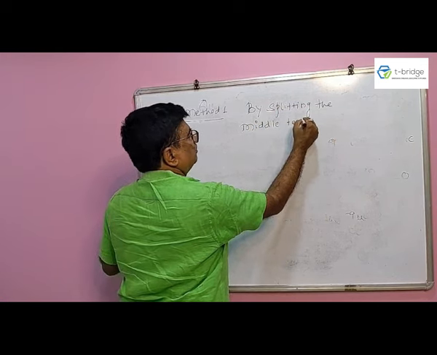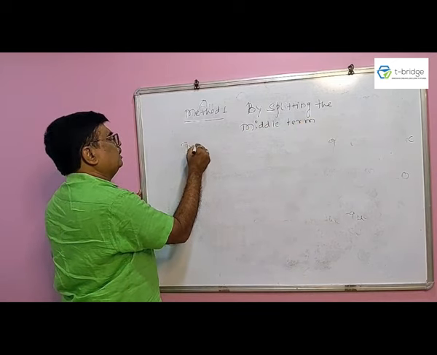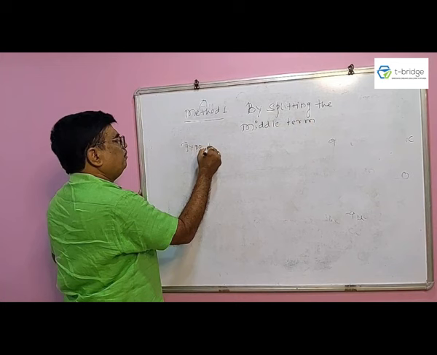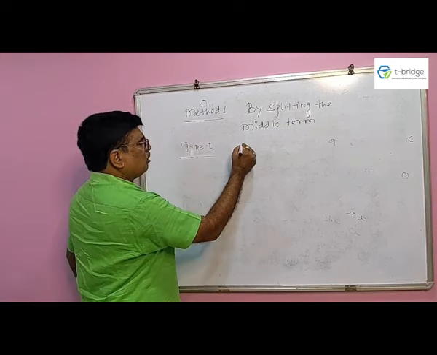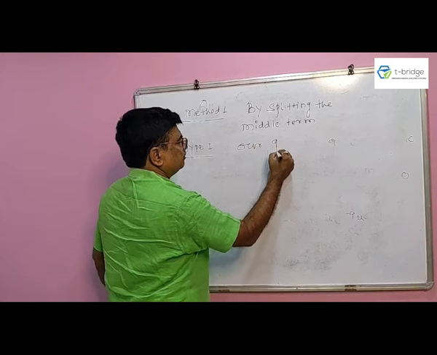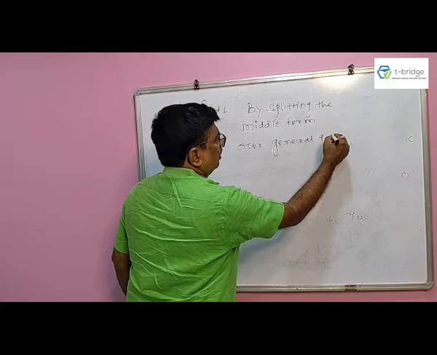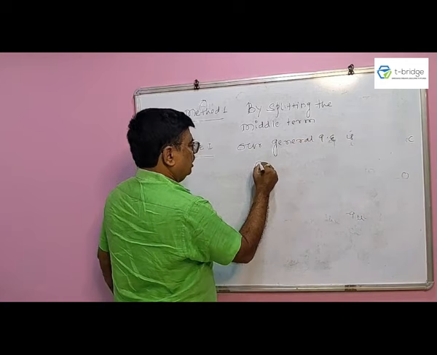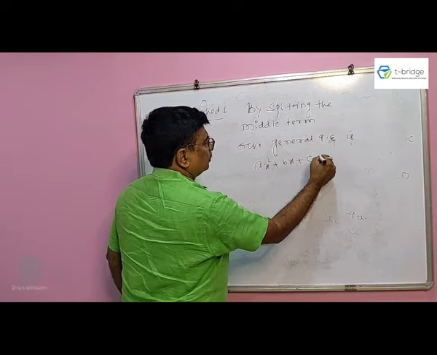In that one, I have divided into type 1 and type 2. Type 1. Now, our general quadratic equation is ax square plus bx plus c equals to 0.